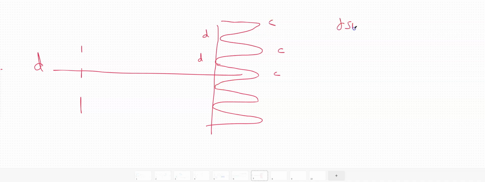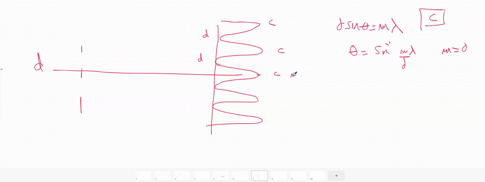So again, the angle is arc sine of m lambda over d. If you put m equals 0, this is all for constructive, you're going to get 0 degrees. So at the center, this is m equals 0. This is the position where you get constructive interference when m is equal to 0.